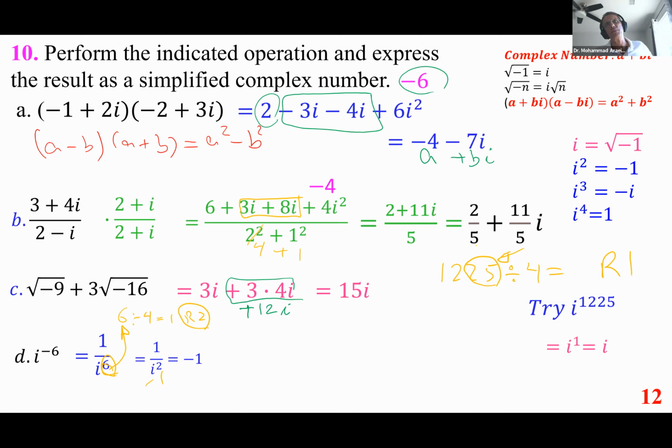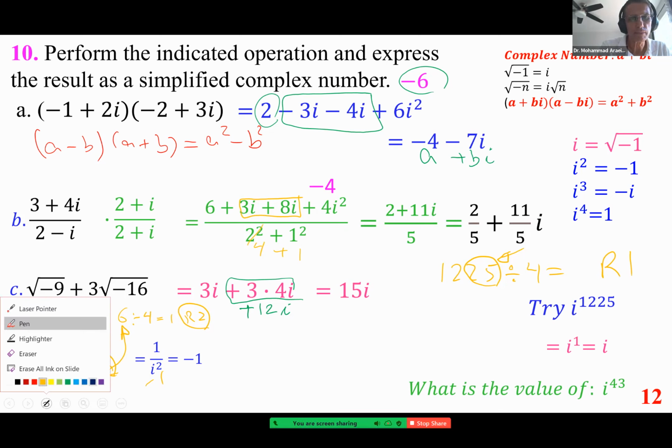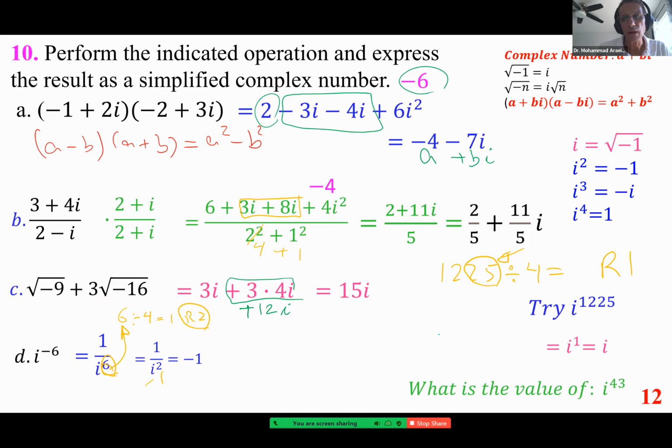Again, just to make sure everybody understands, I'm going to give you one more example. i to the power of 43. I'm going to divide 43 by 4. And again, I'm just interested in the remainder.